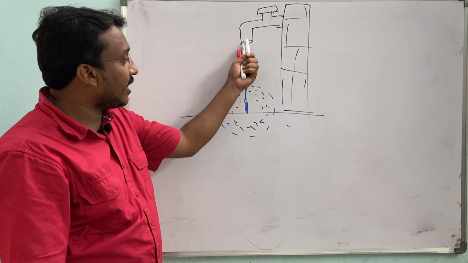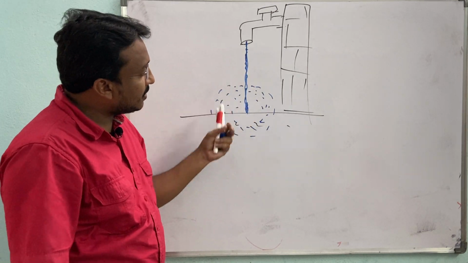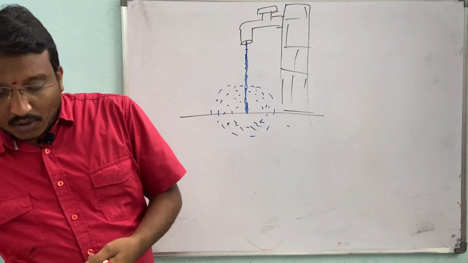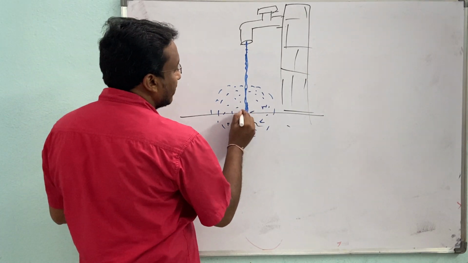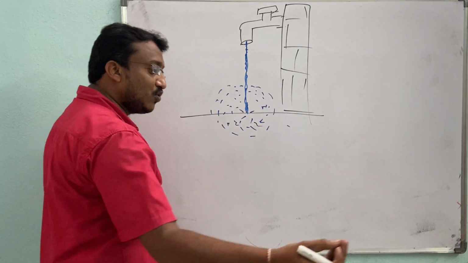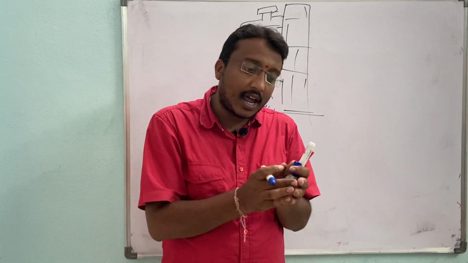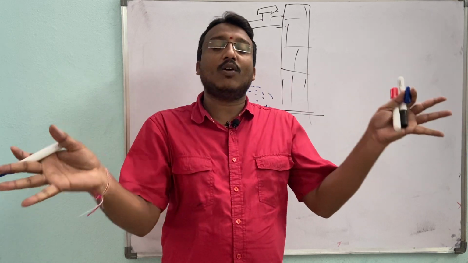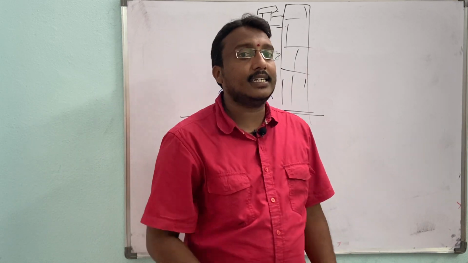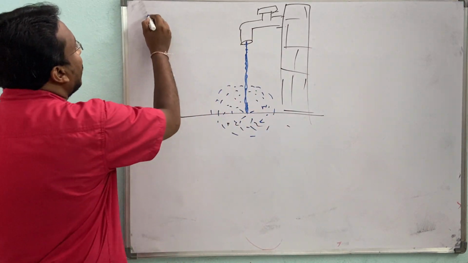When water falls on the stone, the water drops sprinkle in all directions. Like that, when light falls on a molecule or an atom, the light also spreads in all directions. That concept is called scattering of light.